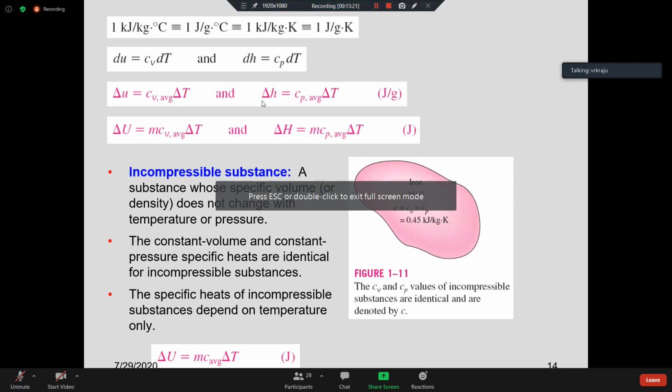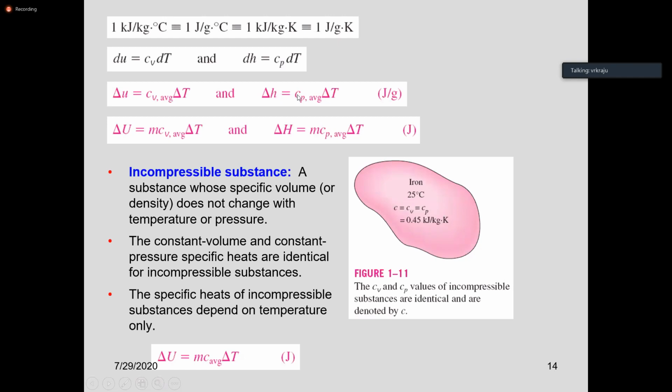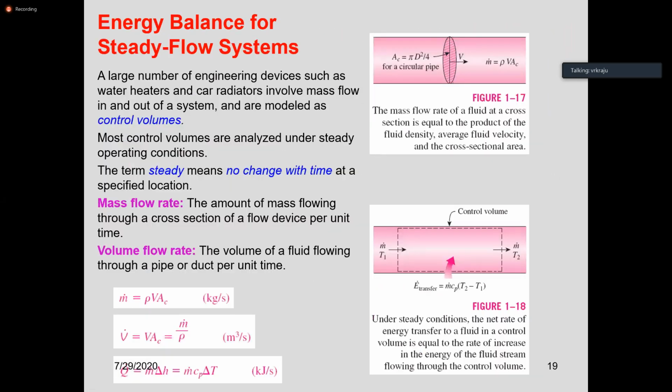So if you take a finite change of enthalpy and temperature, then delta H, the finite change in enthalpy, can be written as Cp into delta T. We substituted that here and got the equation m dot Cp delta T.